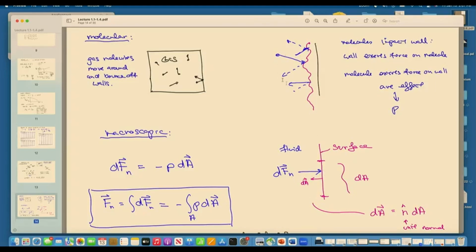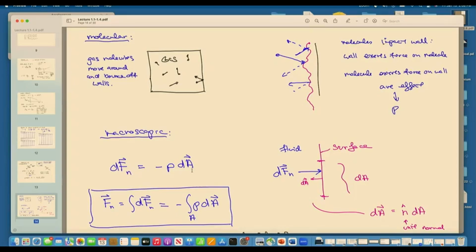The average effect of all these molecules. And now, the pressure, recall, is a scalar. But we can evaluate the pressure right at the location of this surface. And then multiplied by the differential area, so the pressure along the surface multiplied by dA, force per area times area would give you the force.